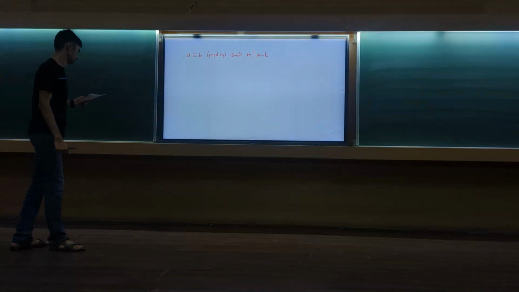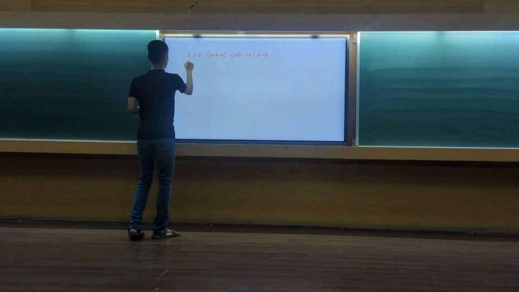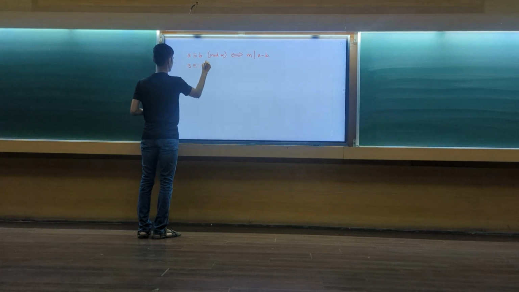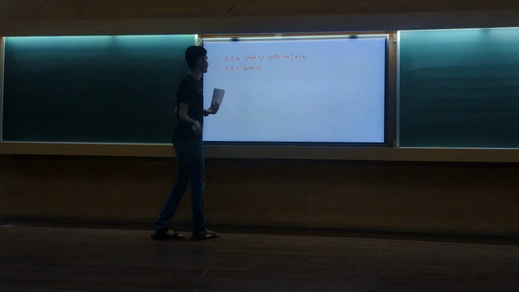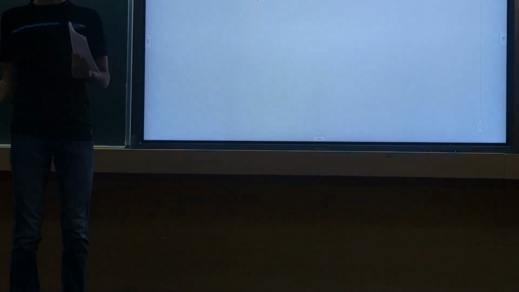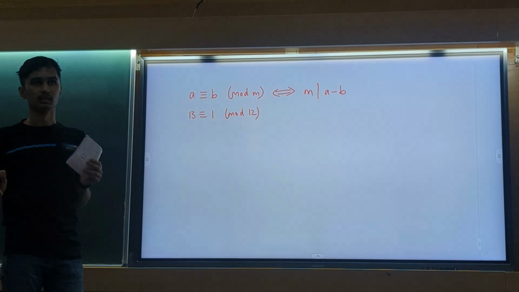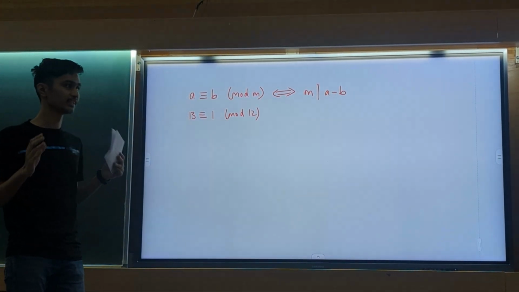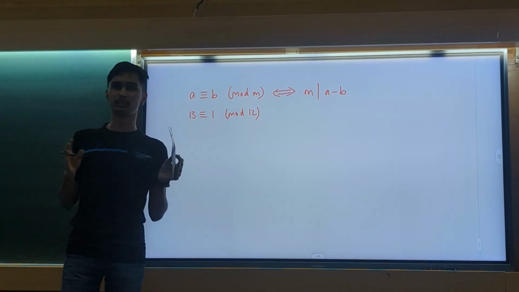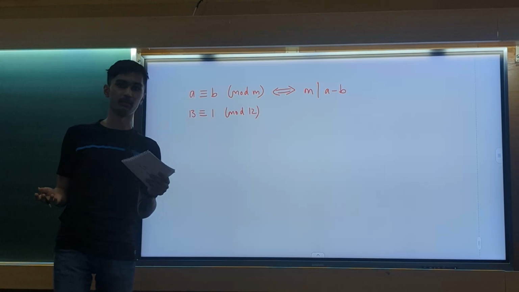So for example, 13 is congruent to 1 mod 12. And when you take modulo a certain number, you get these structures called residue classes, where each residue class is the set of numbers which leave the same remainder when you divide by m.